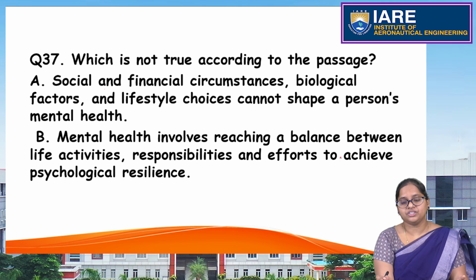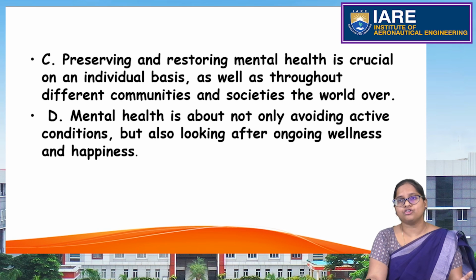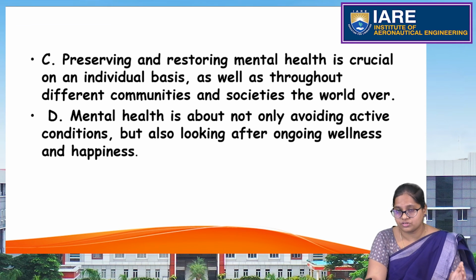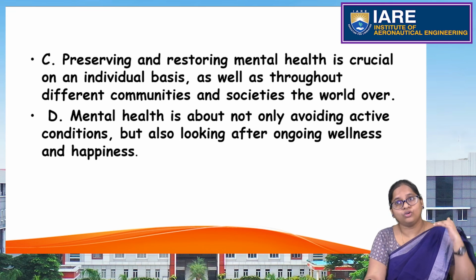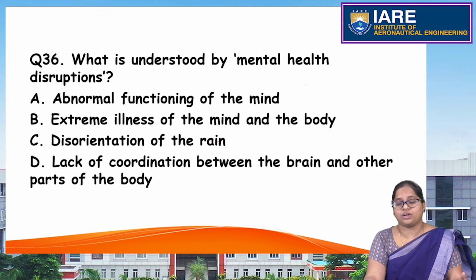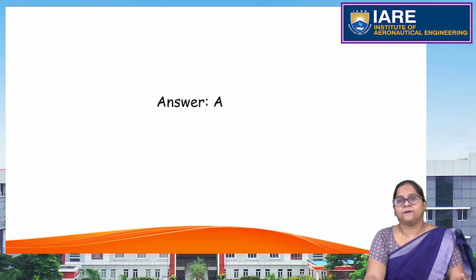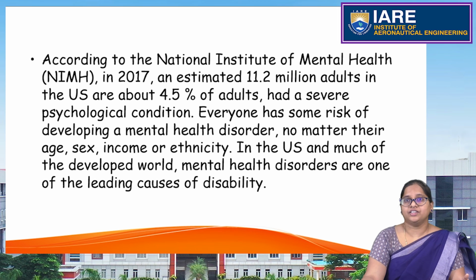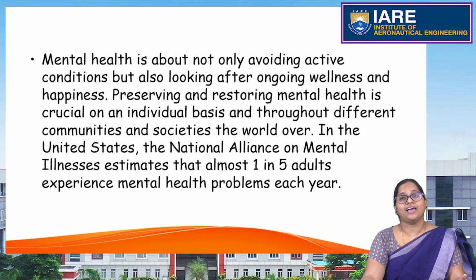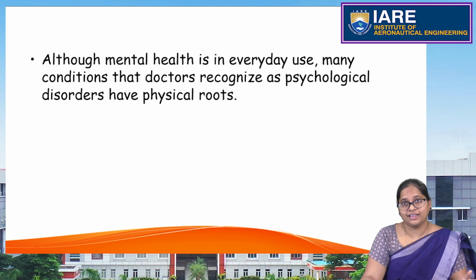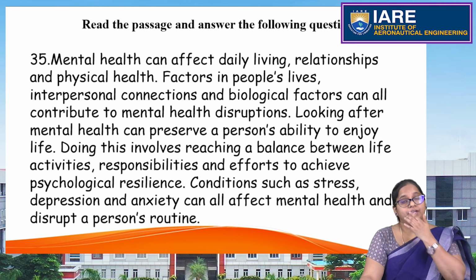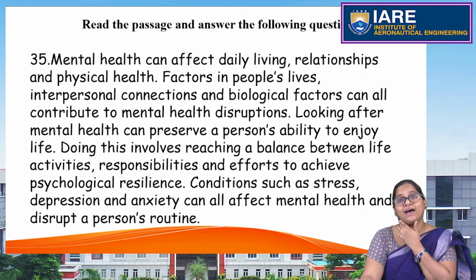So mental health involves reaching a balance between life activities, everything. Yes, this is possible. Preserving and restoring mental health is crucial. This is also true. Mental health is about not only avoiding active conditions but also looking after it. Now you can see this one, right? How can you really understand it? It is not only about avoiding active mental health conditions, but also about how you really balance it, right?